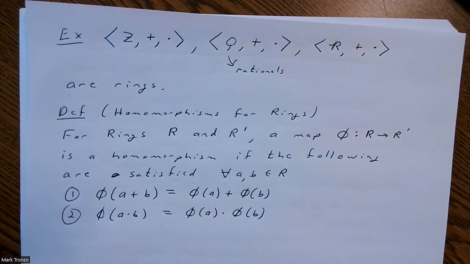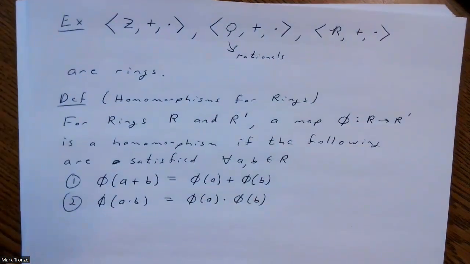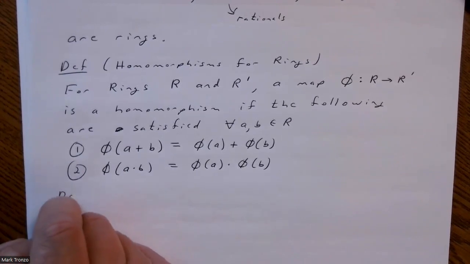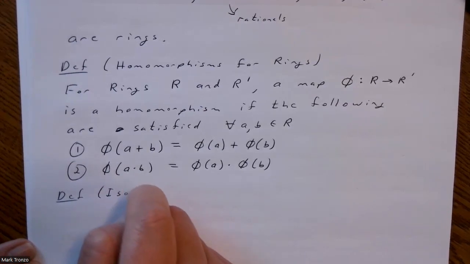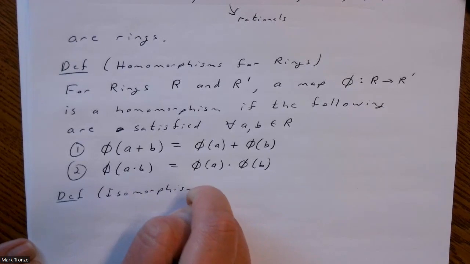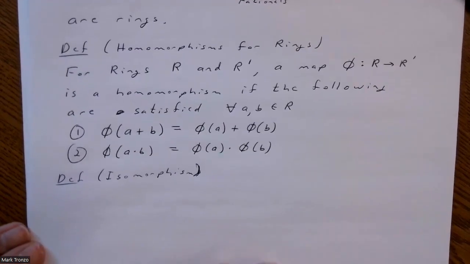And then we have some other definitions here. Again, some of these get very similar to what we had before with groups. This would be, say, a ring isomorphism.